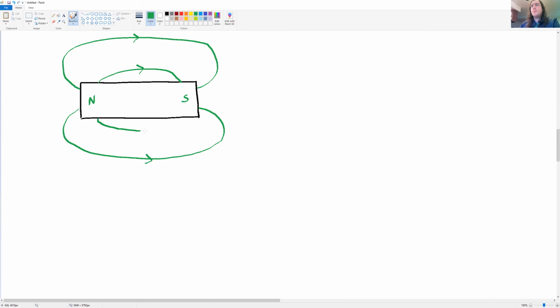But the problem with this point of view, well, it's the wrong point of view, because magnetic field lines have no beginning and no end. And that has to do with something we'll talk about later. There are no such things as magnetic monopoles. There are electric monopoles. A proton is an electric monopole. An electron is an electric monopole.